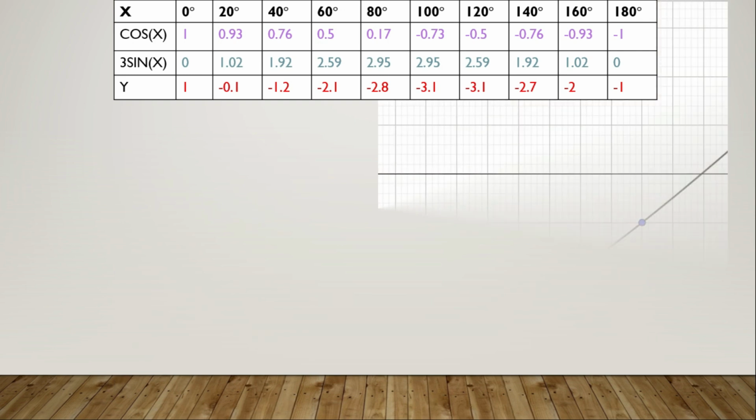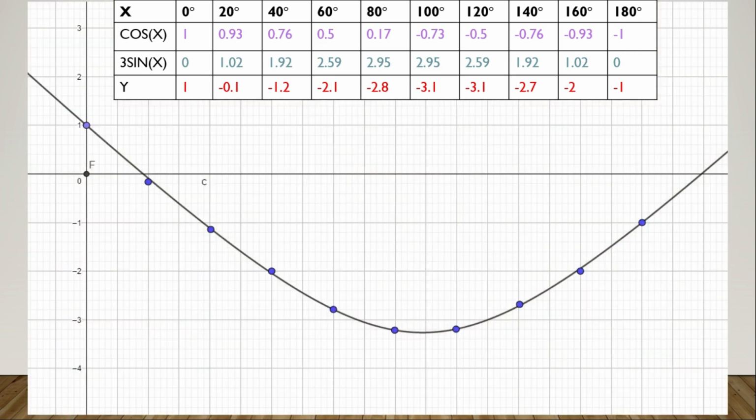Okay, so this is the whole table, and this is how your graph is going to look like. We have 0, 1, then we have 20 degree, which is on this side, and then negative 0.1. Remember, we are converting to 1 decimal place. Okay, then the next one is 40 degree, and then negative 1.2.